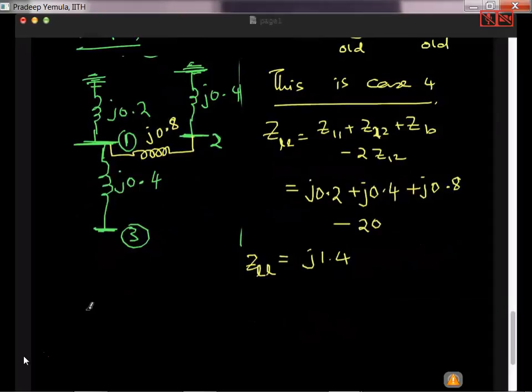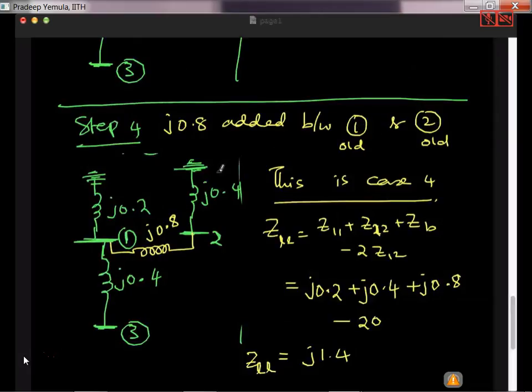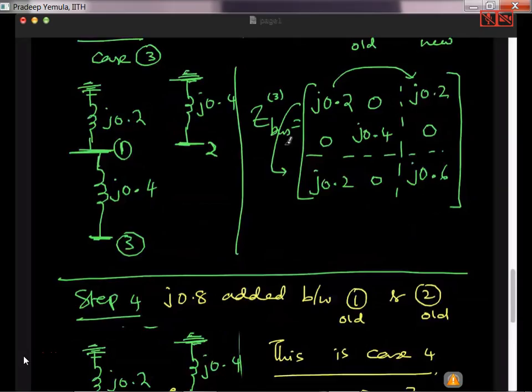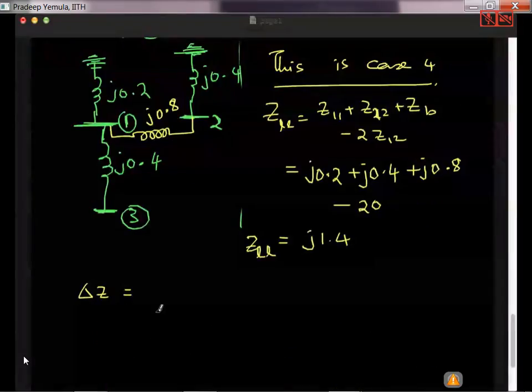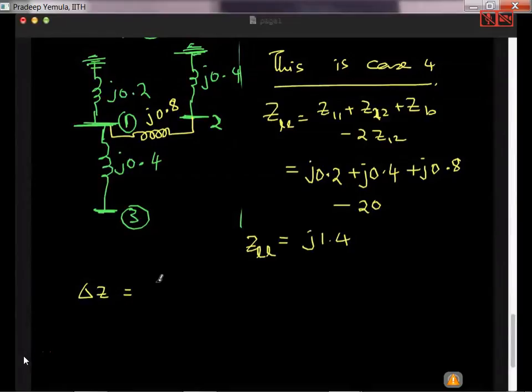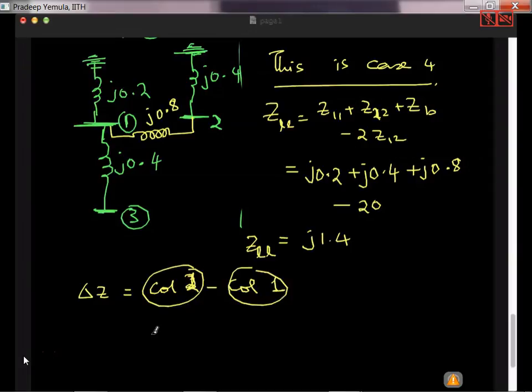Now what is the delta Z? Delta Z is nothing but, because I am adding between 1 and 2, I will take the Z2 minus Z1. Or I can take it either way. If I subtract column 2 from column 1, or column 1 from column 2, so I will say column 2 minus column 1. I will just subtract these two columns.